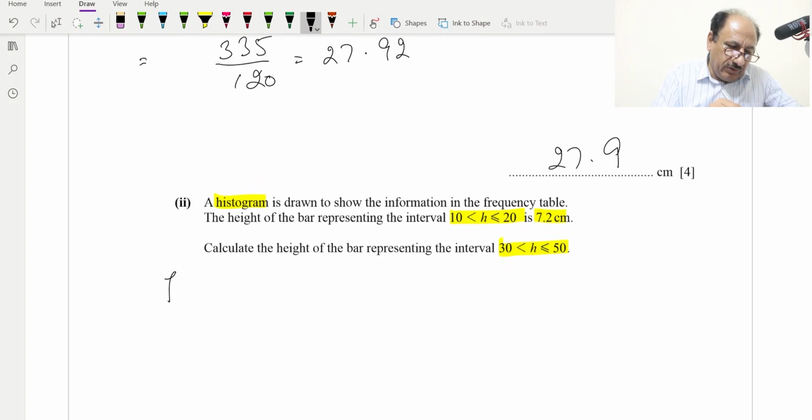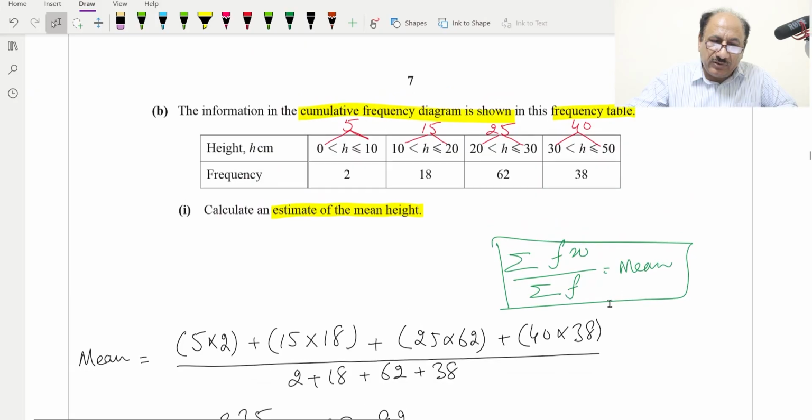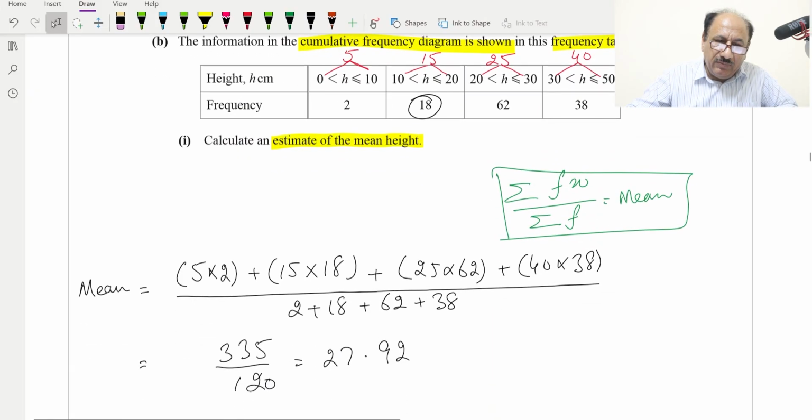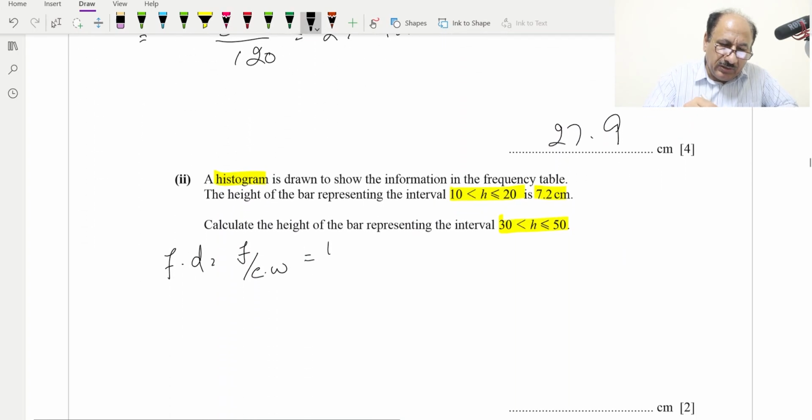We know frequency density is equal to frequency divided by class width. This is the formula. For 10 to 20, the frequency is 18, and the class width is 10, so 18 divided by 10 is equal to 1.8.